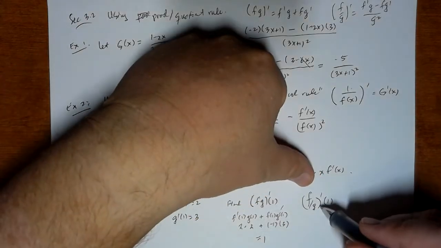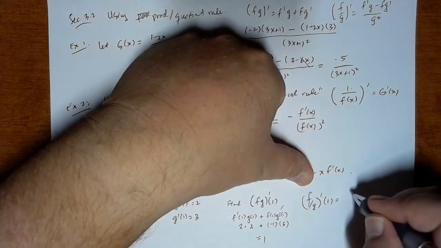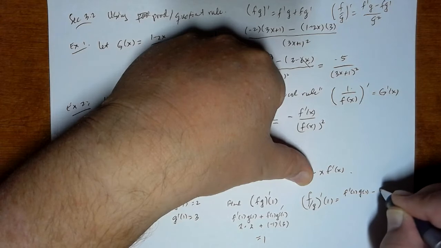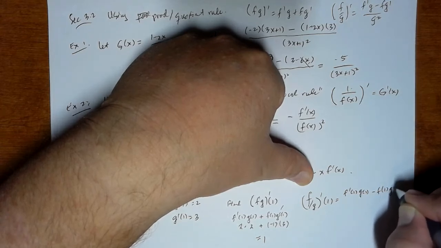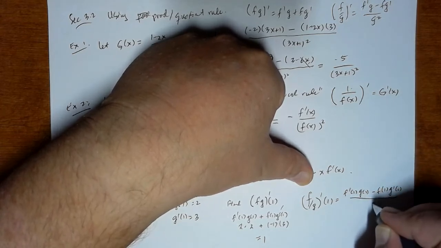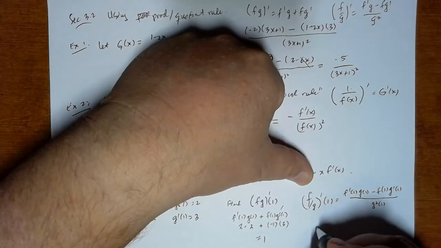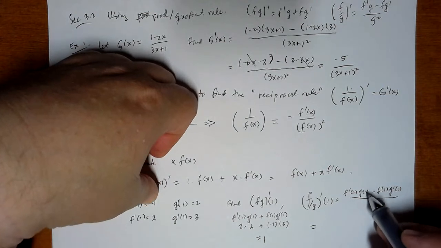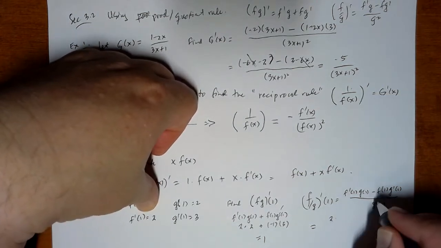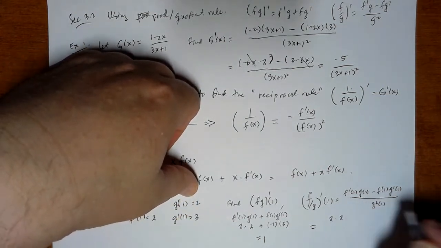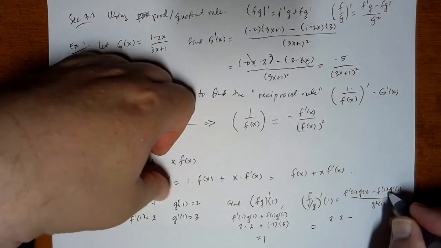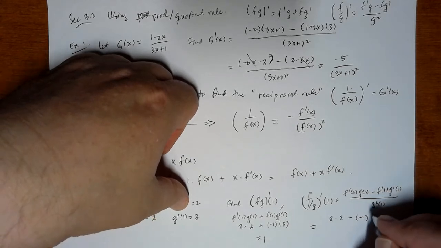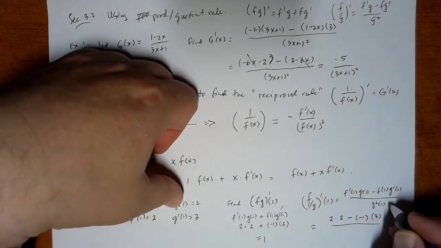Now if we do the quotient, that's going to be f prime of 1 g of 1 minus f of 1 g prime of 1, all divided by g squared of 1. And so numerically, that's going to be f prime of 1, which was 2, times g of 1, which was 2, minus f of 1, which was negative 1, times g prime of 1, which is 3, divided by g of 1 squared.